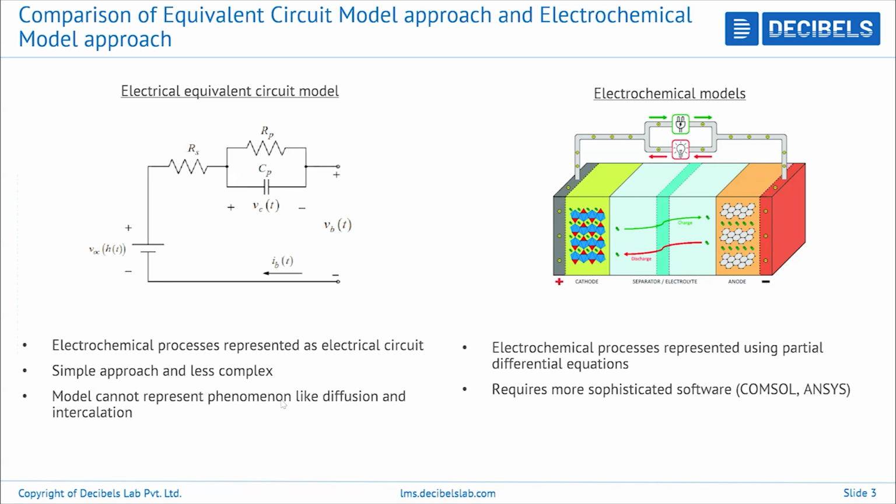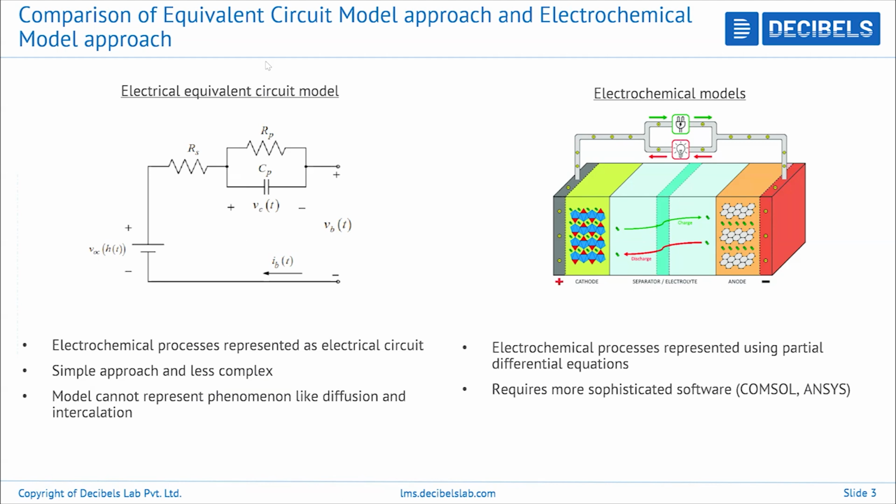But there are certain things that this model cannot do. That is, represent some complex phenomena, like processes such as diffusion or intercalation, concentration of ions, or electrode material properties, electrolyte properties, things like that. It cannot represent those. Okay, so that's where the equivalent circuit model falls short.